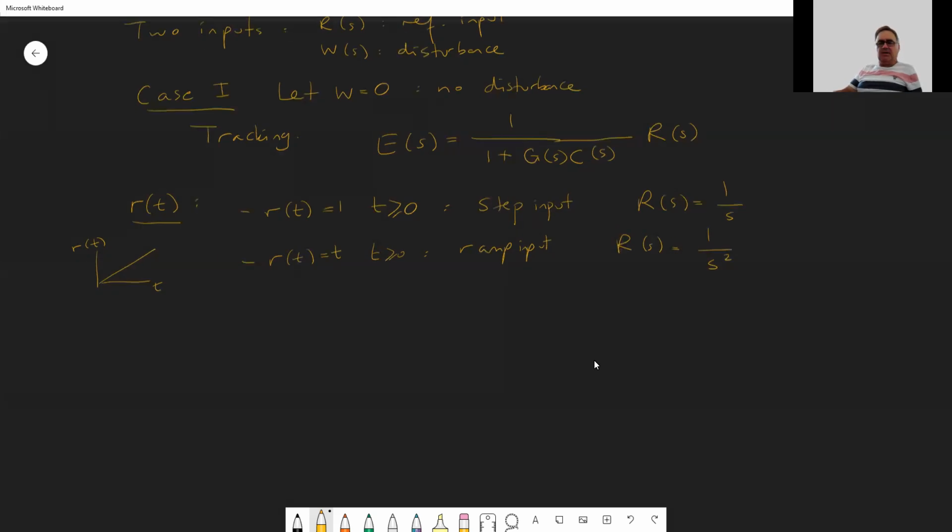And in general, you can generalize this. Any polynomial function can be an input. R of t equals, let's say, t to the k. Well, technically, we need this k factorial because of the Laplace transform. So it's a polynomial, let's say.